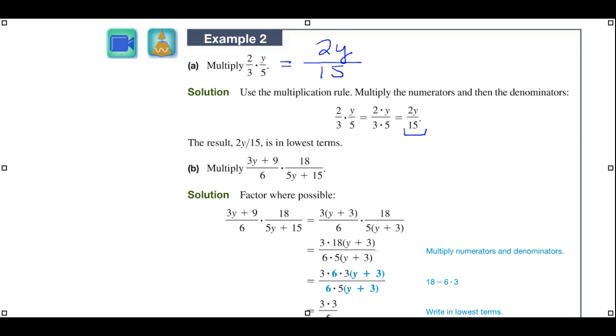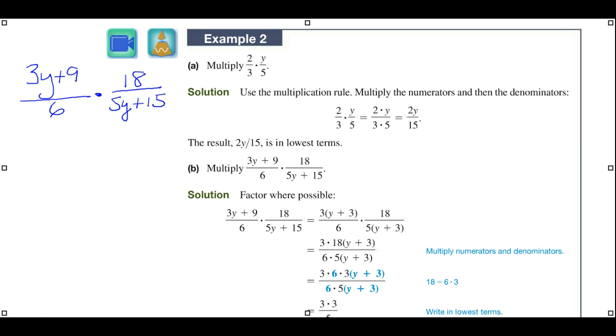Now, in the next example, as we look at it, we see there are some common factors in our items here. So let's factor this. This is going to be 3 times y plus 1, or 3y plus 3. And this 6 is going to be 3 times 2.